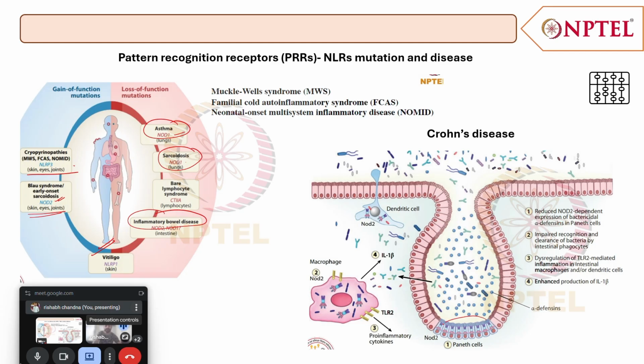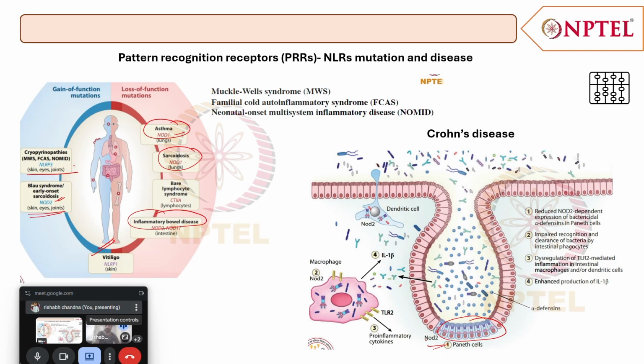Paneth cells are the defensive cells of the intestine. These cells actually help the intestine to handle the bacteria from the food, and it will lead to the immune response. So whenever there is less expression of NOD2 in these particular Paneth cells, this leads to impaired recognition and clearance of intestinal phagocytes.